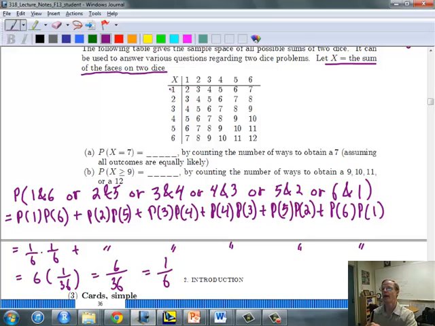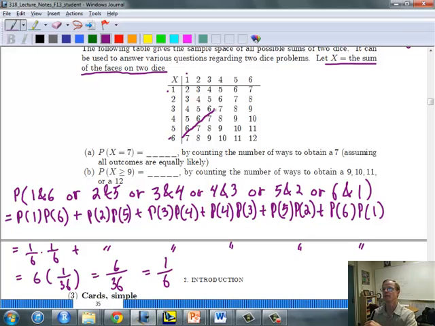This table has, if you roll a 1 on the first, 1 on the second, then you get a 2. If you roll a 6 on the first, a 1 on the second, you get a 7. 5 on the first, 2 on the second, you get a 7.